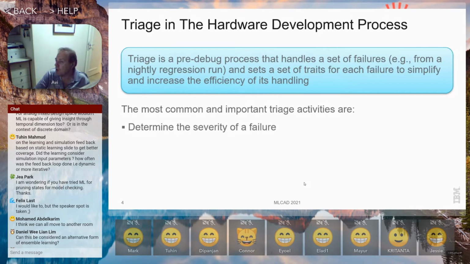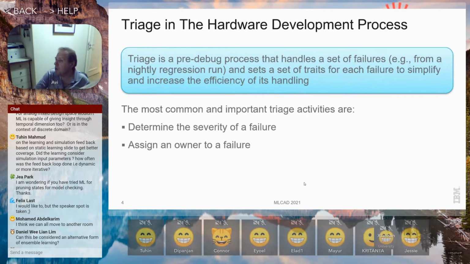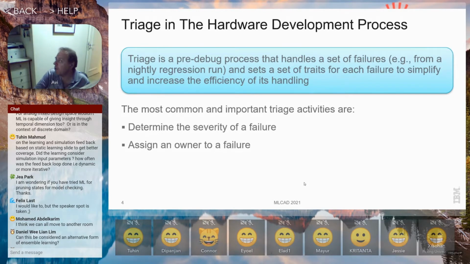So we want to determine this. And we want to find who is the right person to handle the failure. And those two things are very much similar to what the medical triage is. We want to give priority to handling failures, and we want to find the right person.